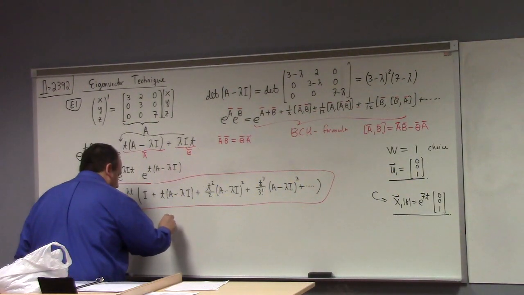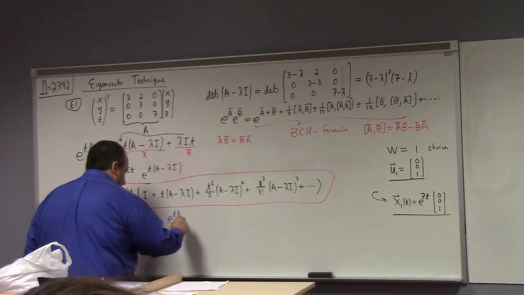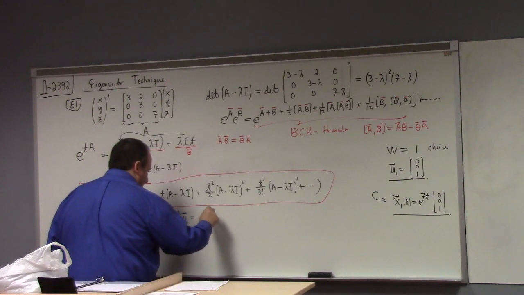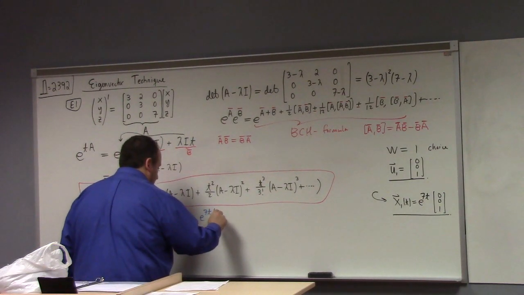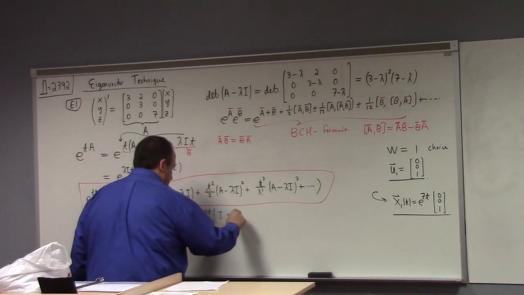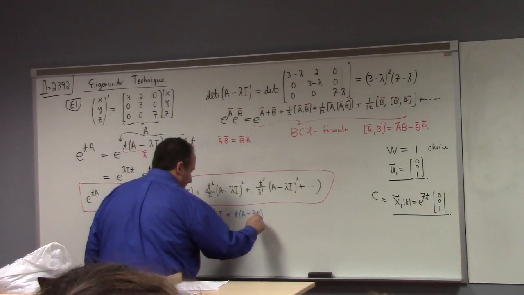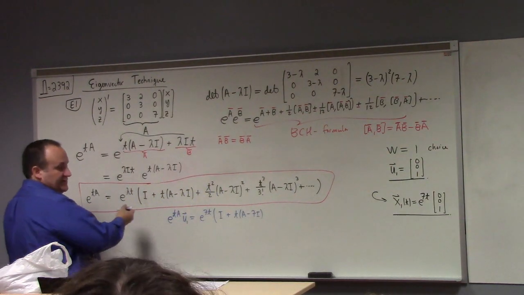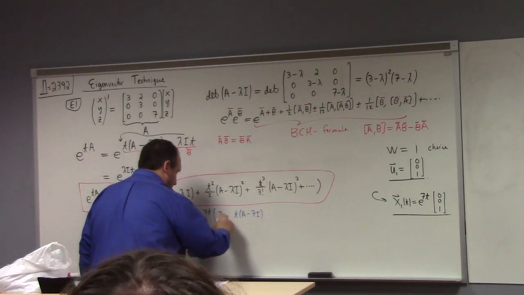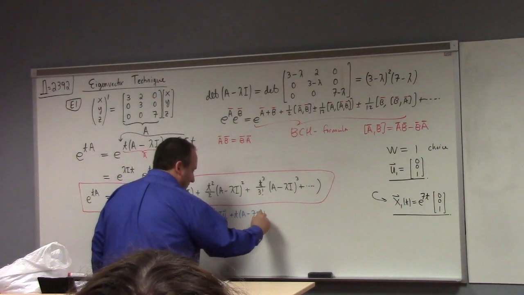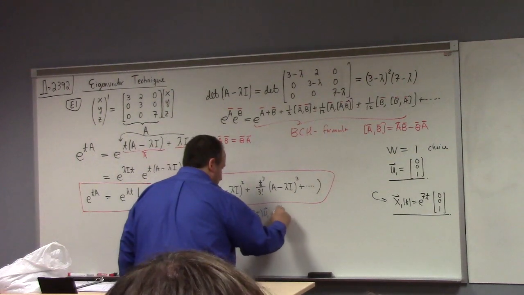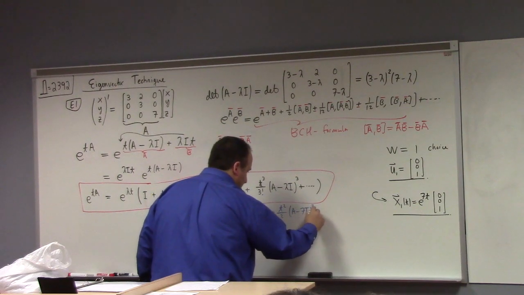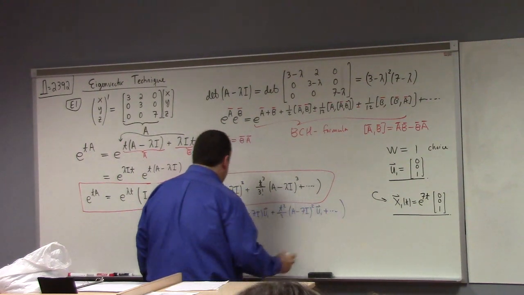So e to the tA times u1 would be e to the 7t times I plus t times A minus 7I. And if you don't mind, I'm going to multiply u1 through the series. So I have I times u1, plus this times u1, plus t squared over 2, A minus 7I squared times u1, plus and so on.